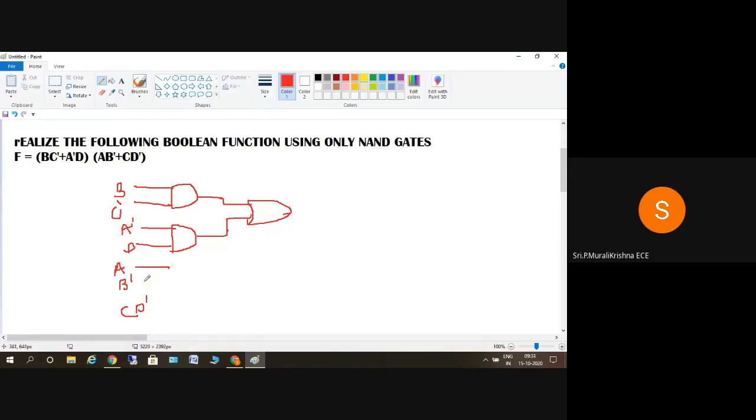These two are the products, so we use another AND gate. These two are given to another OR gate.